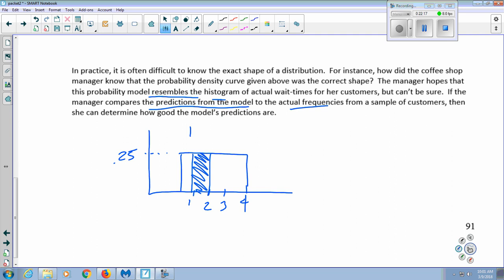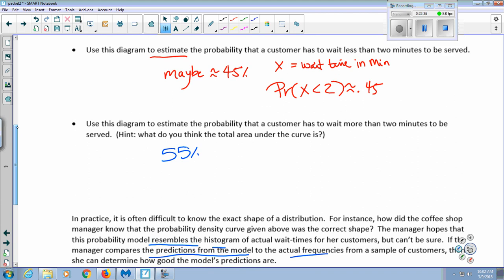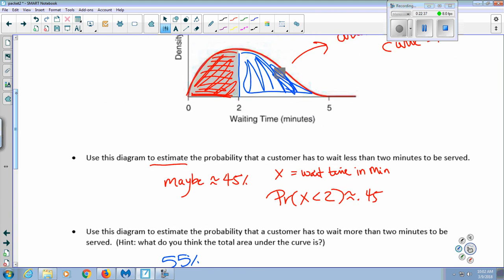So we can multiply 1, the width down here, times 0.25, the height, and find out the probability of waiting between 1 and 2 minutes is 25%. So when it's something that we know how to find the area of, it's easier. Up here, we were just guessing because we don't have a great way of finding the area under this kind of curved shape. In the next section, we're going to talk about a model that's used often and how to find the area under the curve.